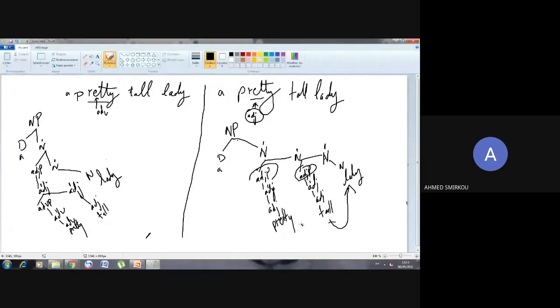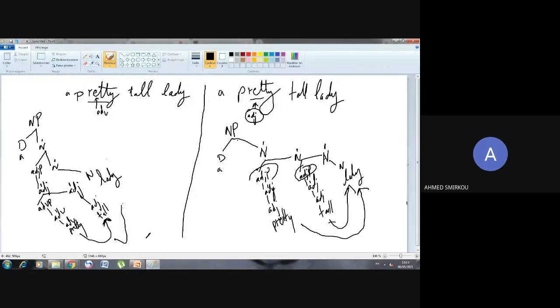Tall modifies lady, and pretty modifies lady. But in the first one, pretty as an adverb modifies only tall.